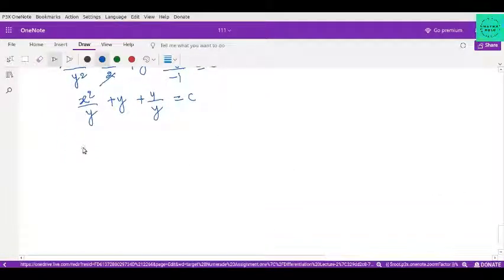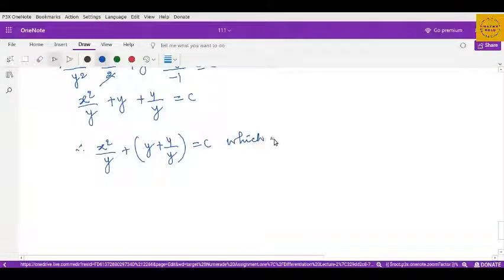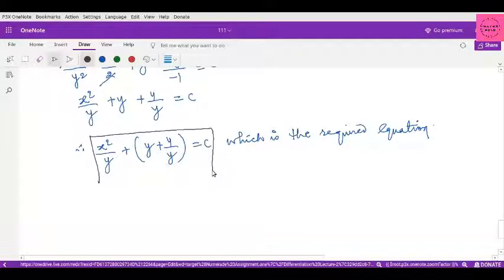So further we have x square upon y plus y plus 4 upon y equals c, which is the required equation, or you can say the answer or the solution to the differential equation. So we have finally this as the solution to the above differential equation.